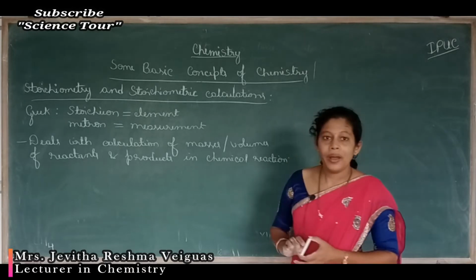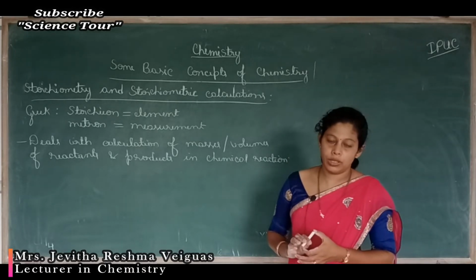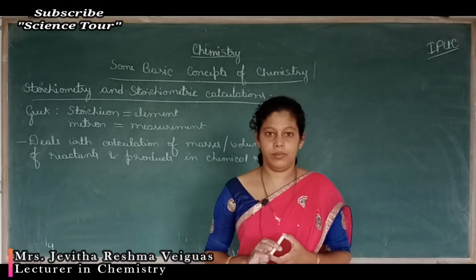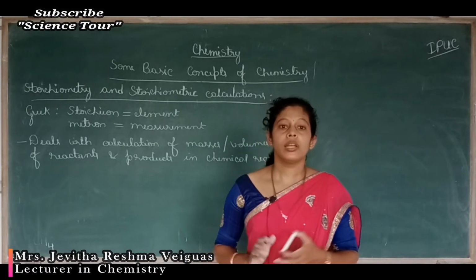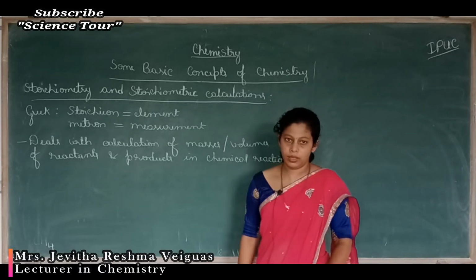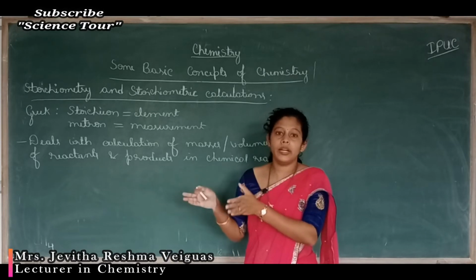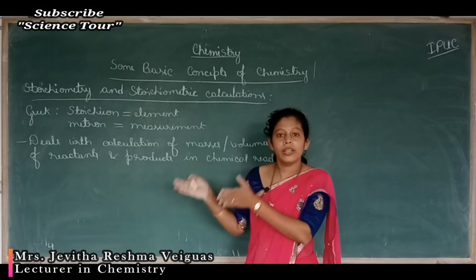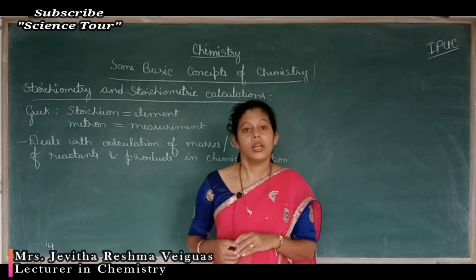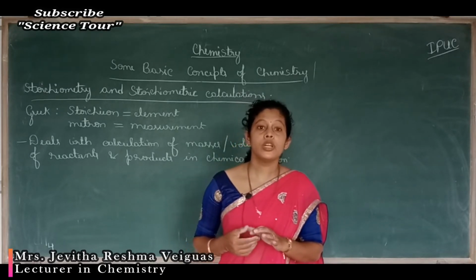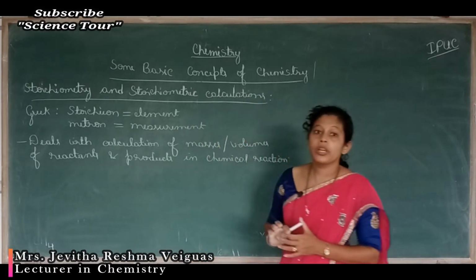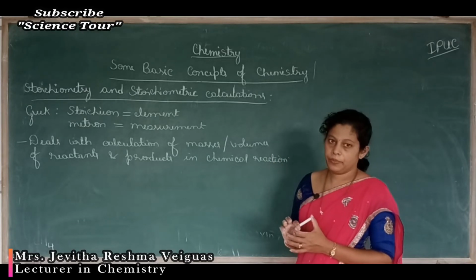In order to do any stoichiometric calculation, first we must have a balanced chemical reaction. Means the number of atoms on the left side of the arrow mark should be equal to the number of atoms of an element on the right side of the arrow mark. That is, on either side of the arrow mark, the number of atoms of a particular element should be the same. Then only you can do the stoichiometric calculations properly.